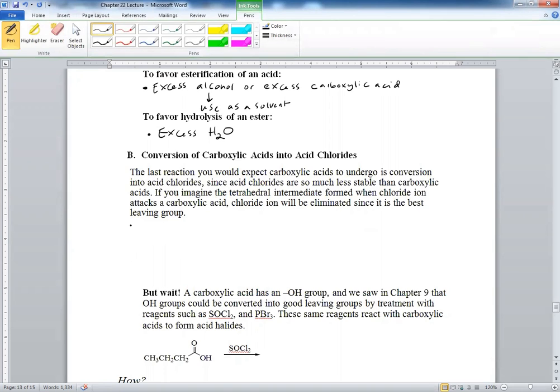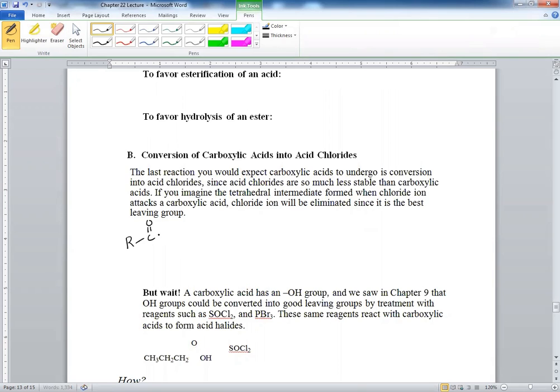If we have an acid chloride here to be made from carboxylic acid, and we react this with Cl minus, expecting things to go smoothly.